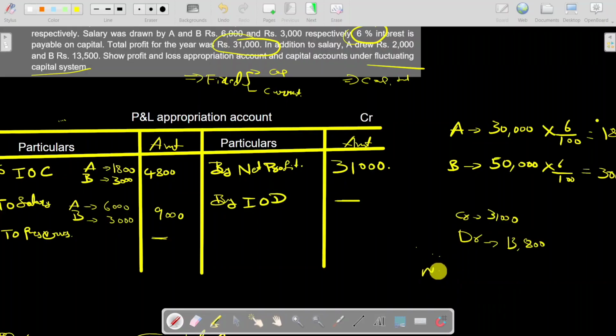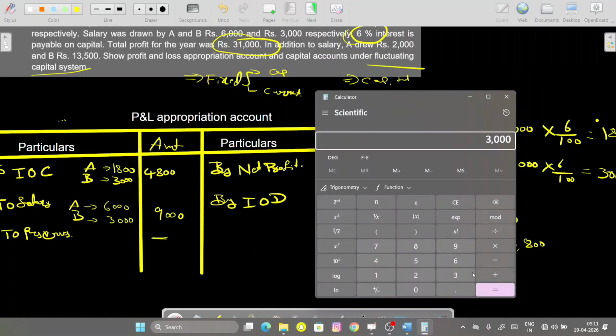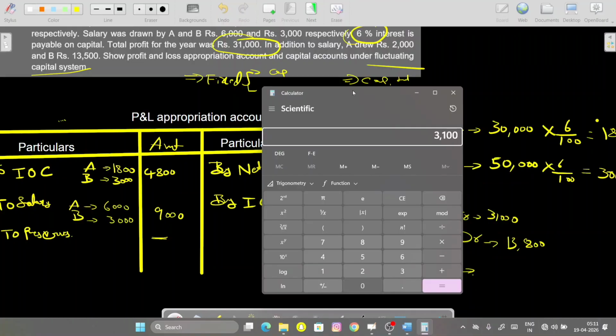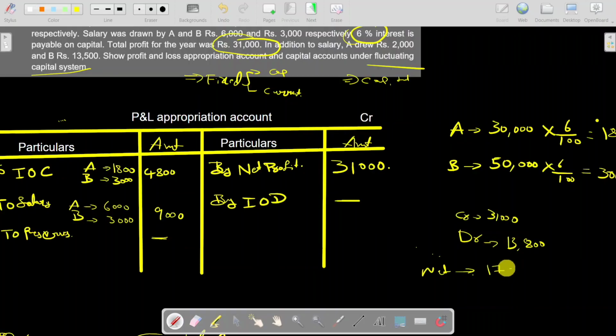So 31,000 minus 13,800 gives 17,200 as the net profit, which is the divisible profit.